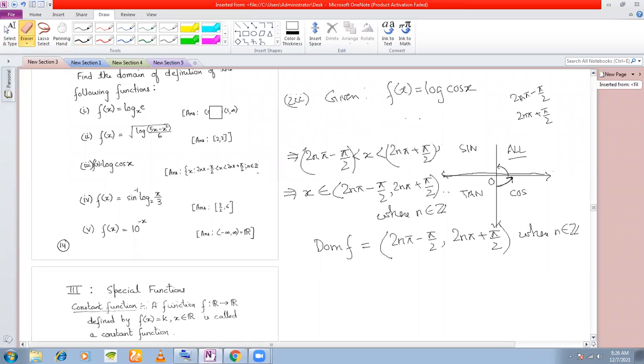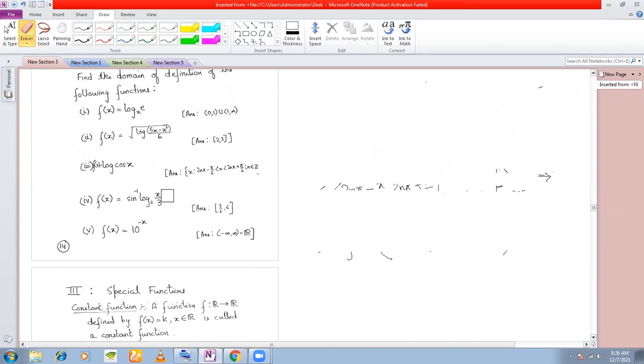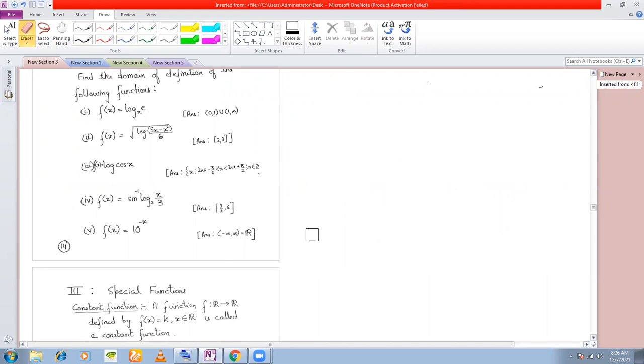We now move on to the fourth question. The fourth question here is sine inverse of log of x by 3 to the base 2. Now here, first of all, what do you see within the log?